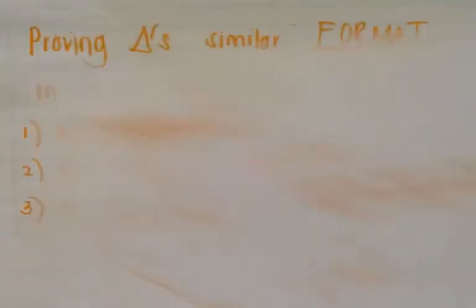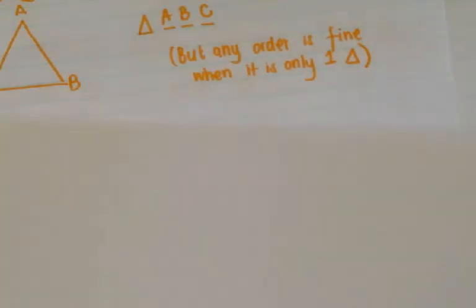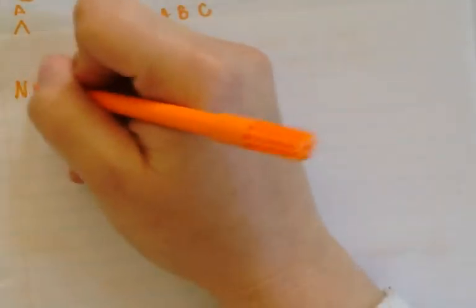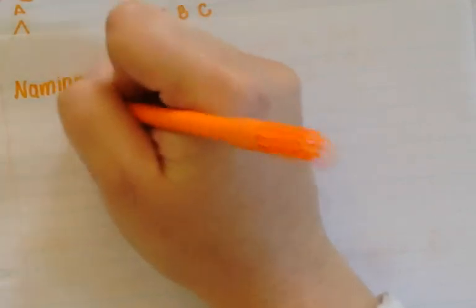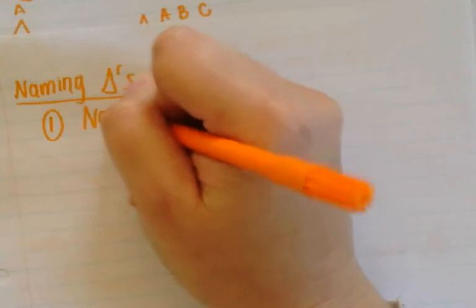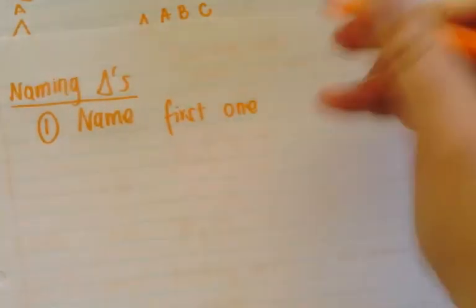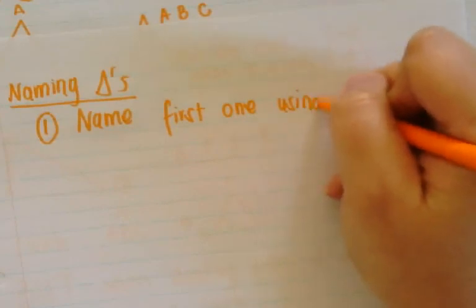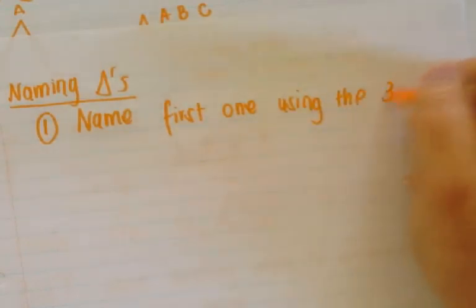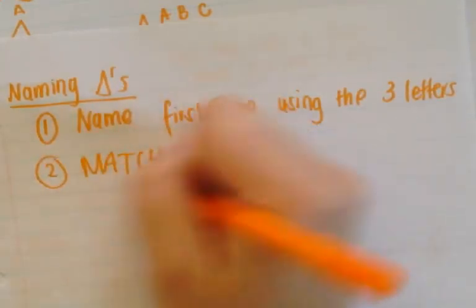So let's write that down. When we name those triangles, name the first one whatever you want, using the 3 letters. And you match the second triangle.